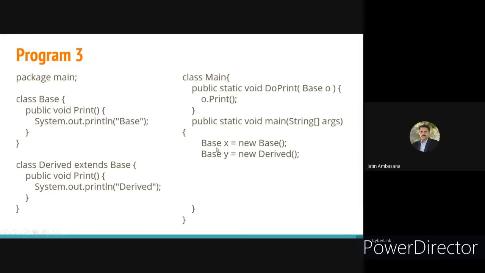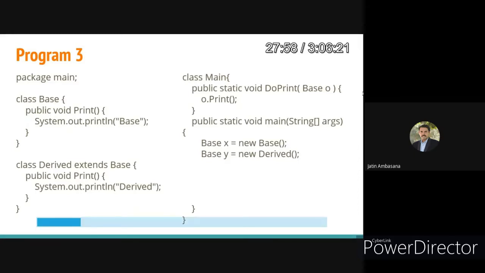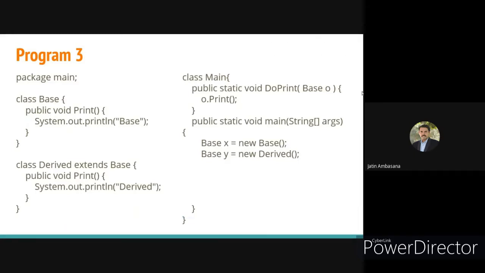So y is a superclass reference variable, that is a Base class variable, whereas the object is a Derived object, which belongs to the subclass. So now what happens is, let's see what we do.